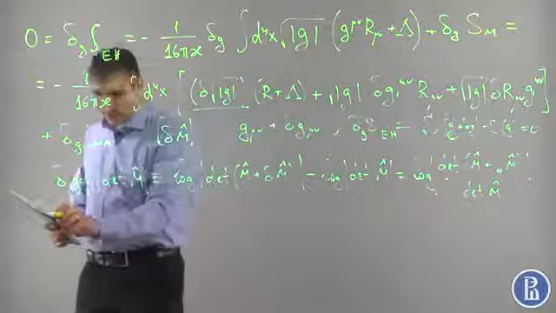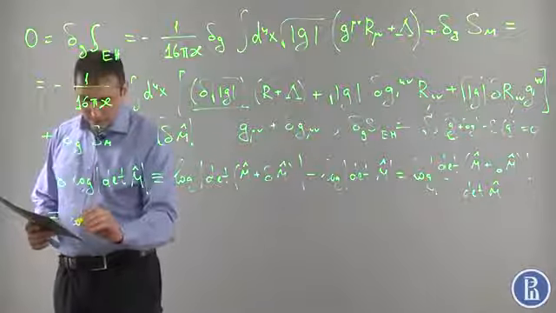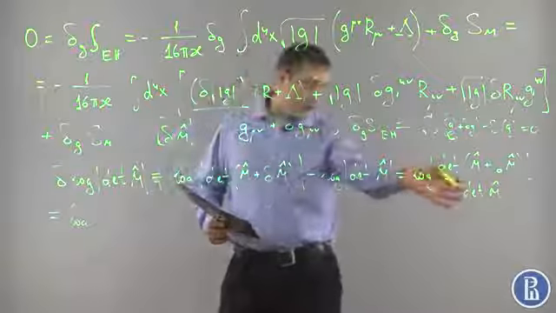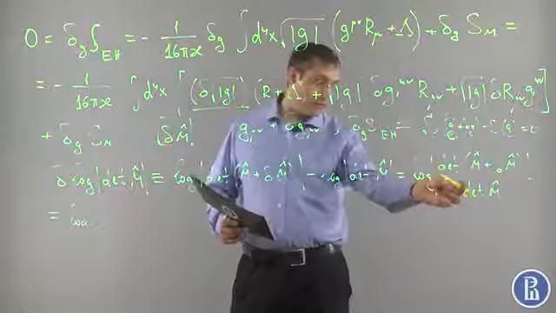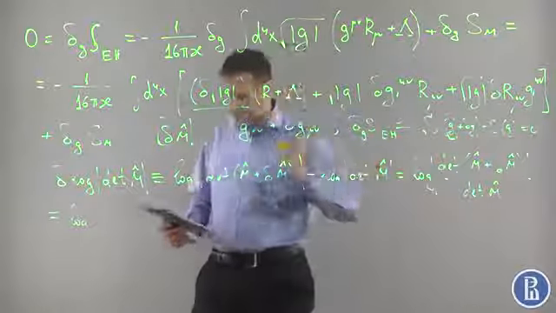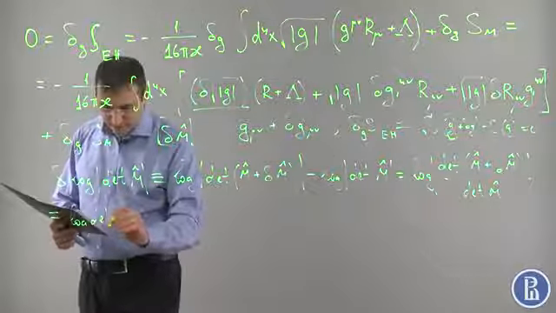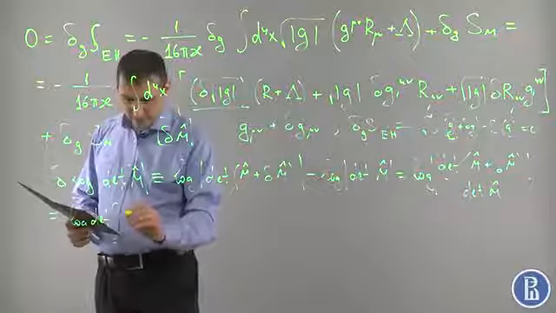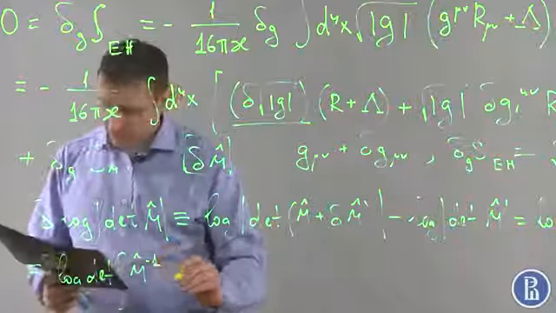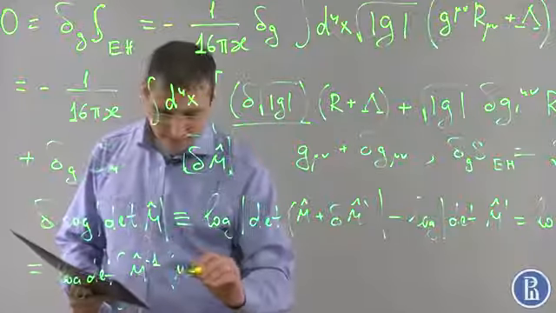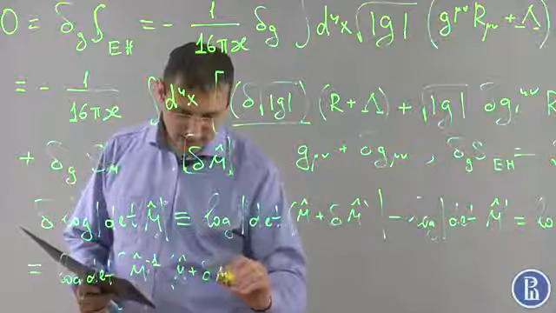The ratio of the determinants is the determinant of the ratio of the matrices, due to the property of the determinant. So this is just M minus first times M plus delta M.